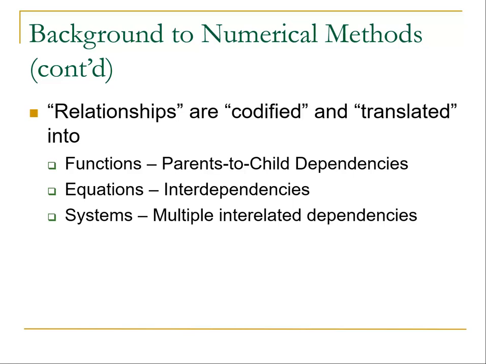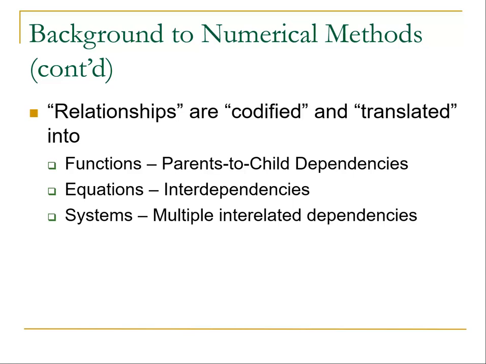Another way we express relationship is equations. And you could say a function is an equation, but that's not necessarily the case. A function is how one thing comes from another. That's what we call a function. But the equation just really looks at two relationships, and it can go either way. That's an equation. And so it just looks at interdependency rather than dependency.